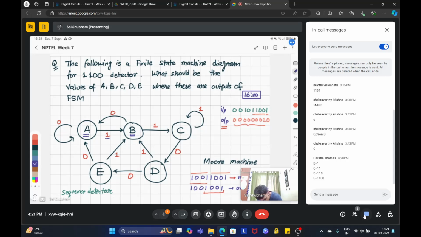Corresponding to A, the output was 0, and corresponding to B, the output was also 0. This is what I'm asking. You can see that for A, B, C, D, E, there are 5 outputs. Only one of them can be 1 and the rest will be 0.